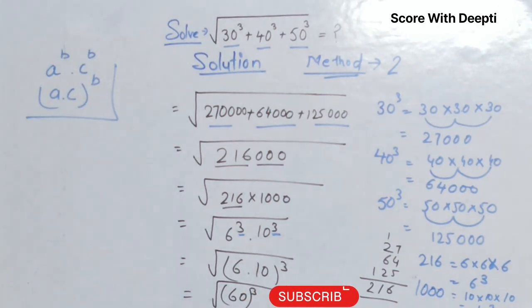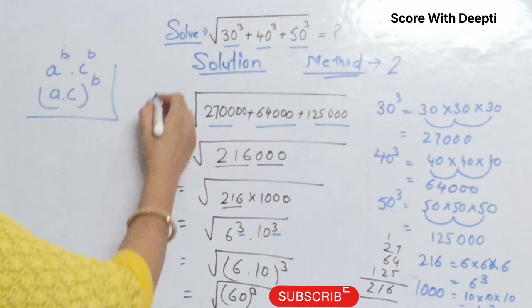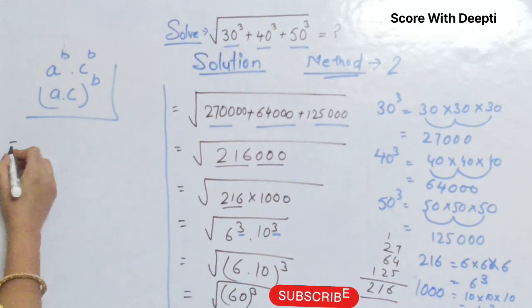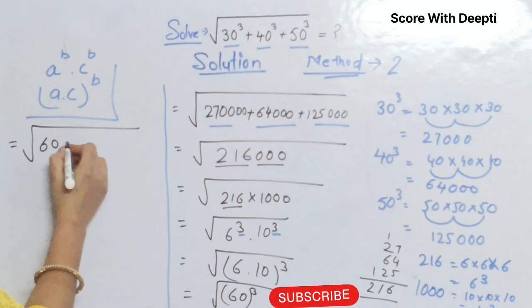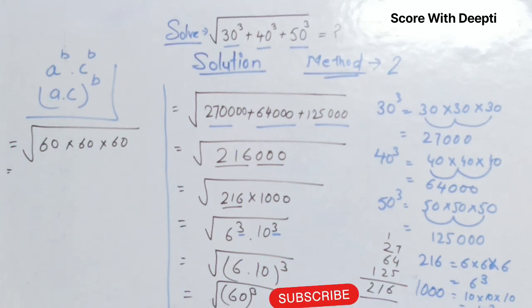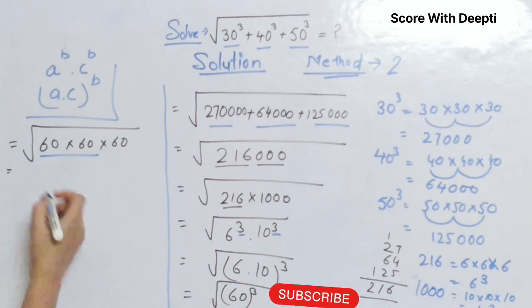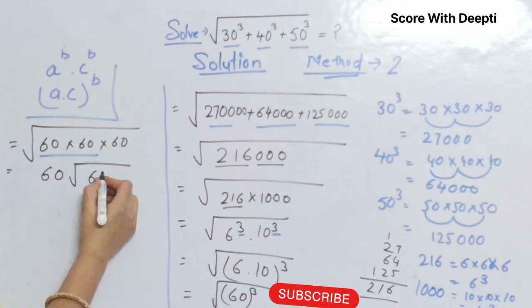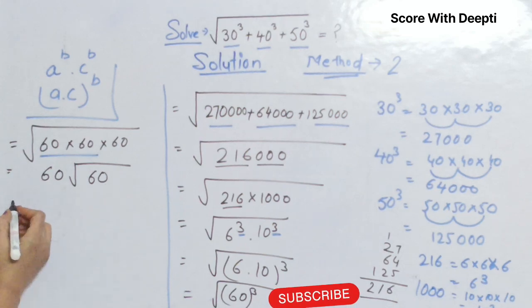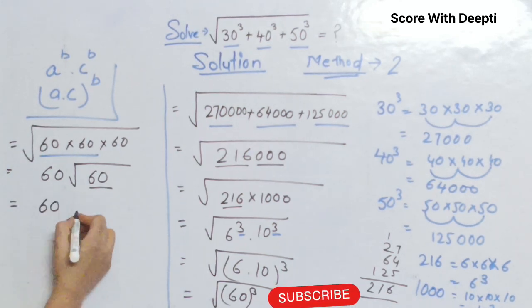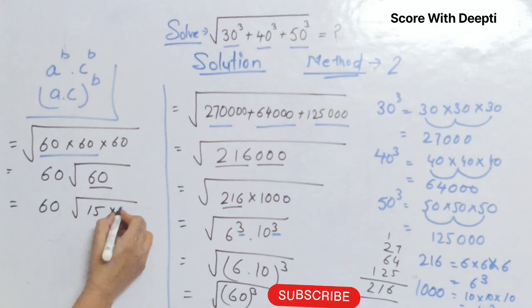Next, our next step will be, 60 cube can be written as 60 multiply 60 multiply 60. Next 60 can be written as 15 times 4.